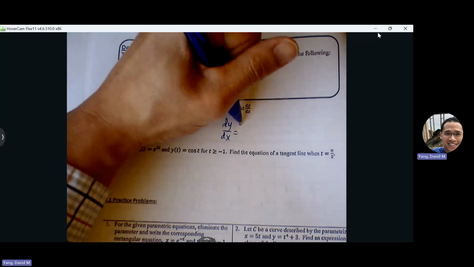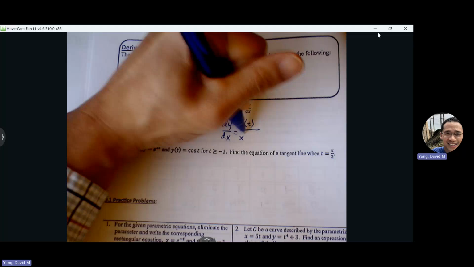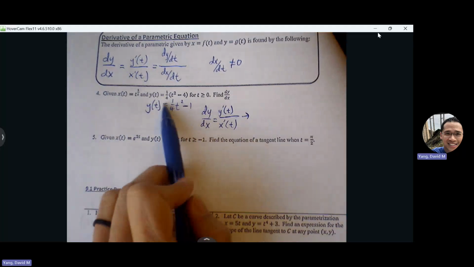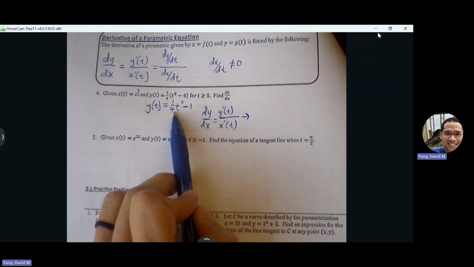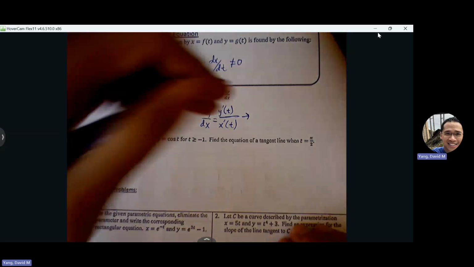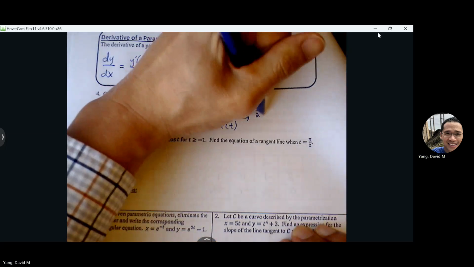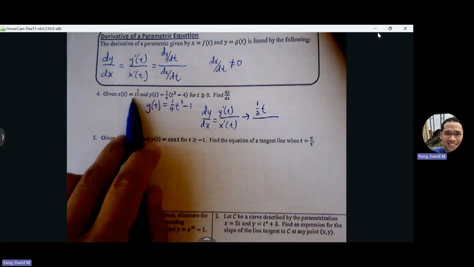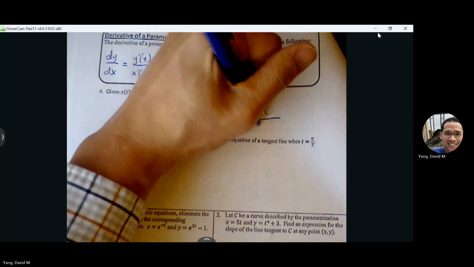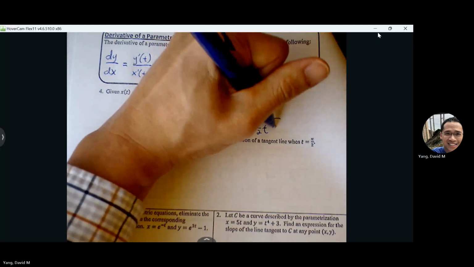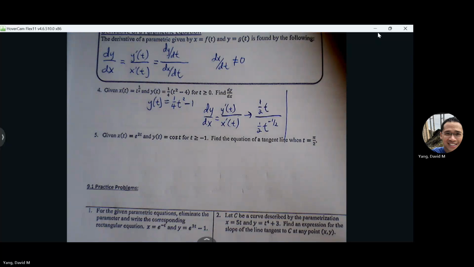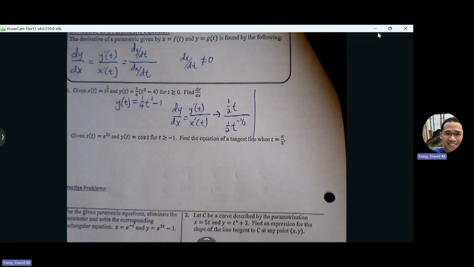Okay, so we know that dy over dx is simply y prime of t divided by x prime of t. So y prime of t is simply the derivative of my y equation, so just the power rule in terms of t. So that'd be 2/4 t or 1/2 t. And then x prime, power rule here, t to the 1/2. And now we're just trying to clean this up.